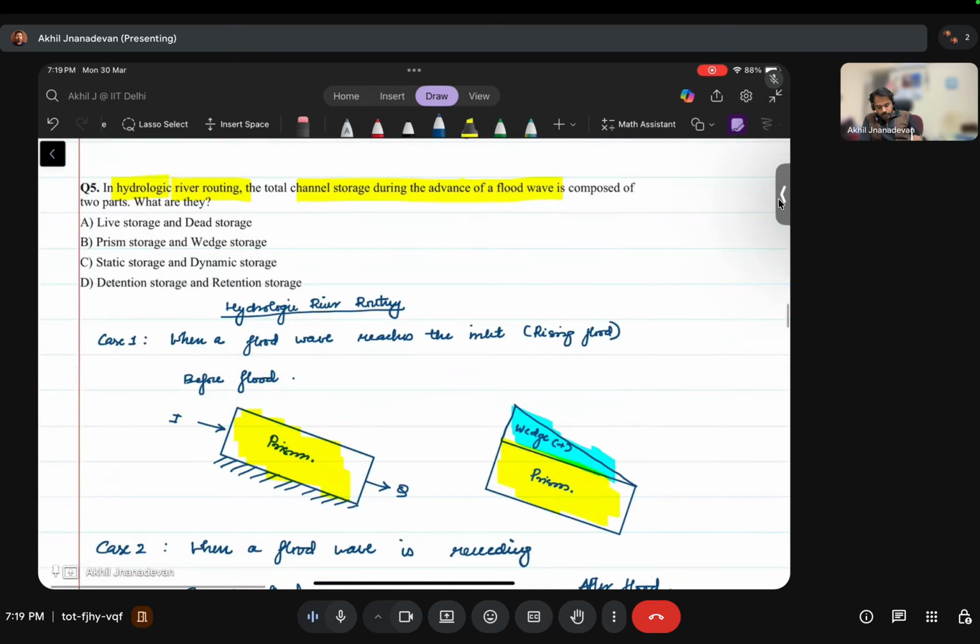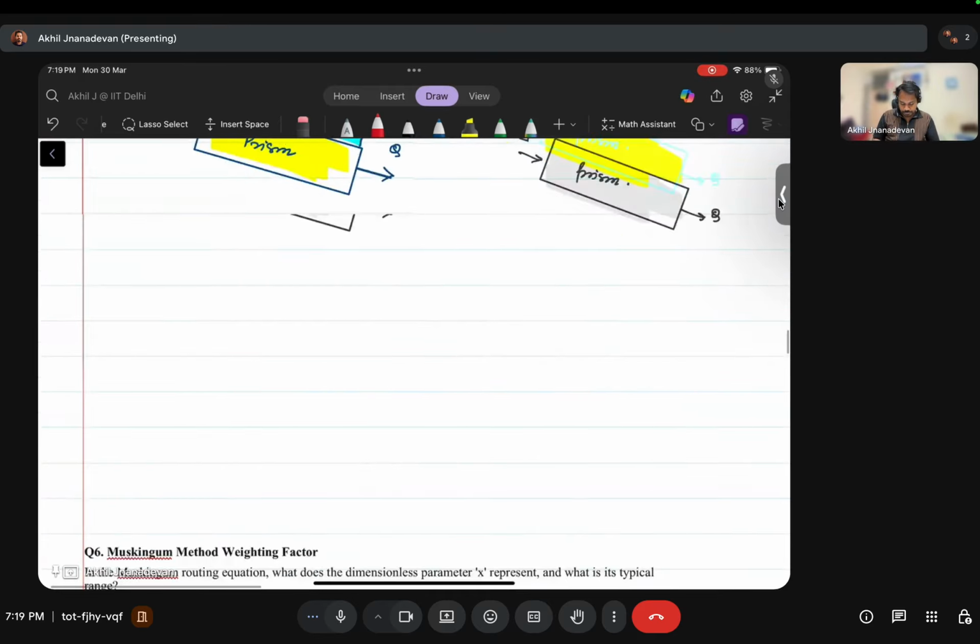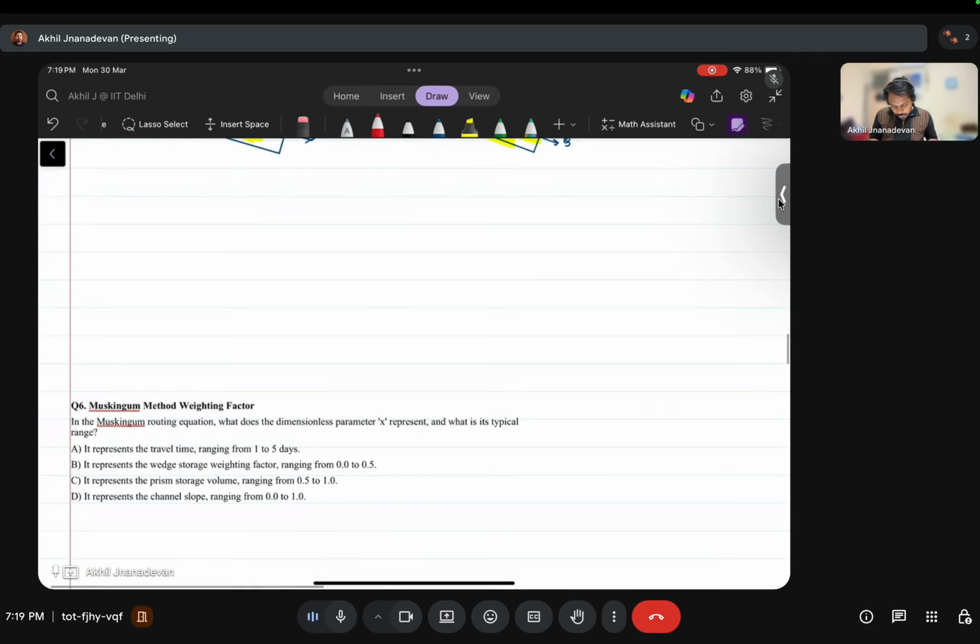So coming to the question, the two parts are now clear to us. One is the prism storage and the other is the wedge storage. Wedge storage can be positive and negative, based on whether the flood is approaching or receding. So that is clear. Now we can come to the sixth question.